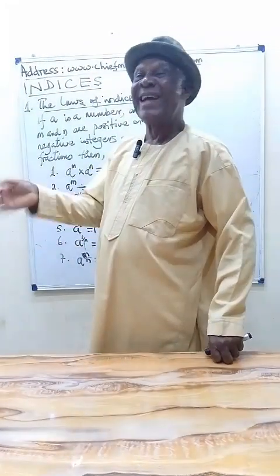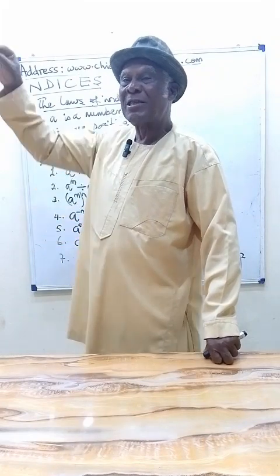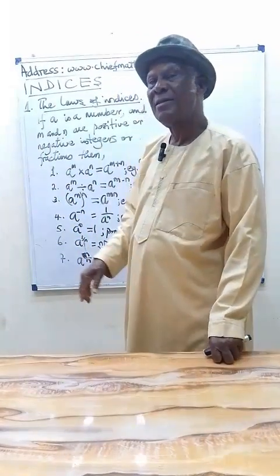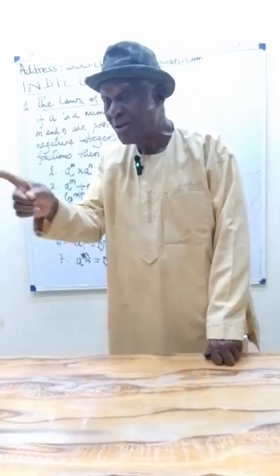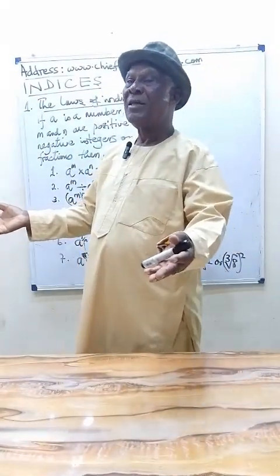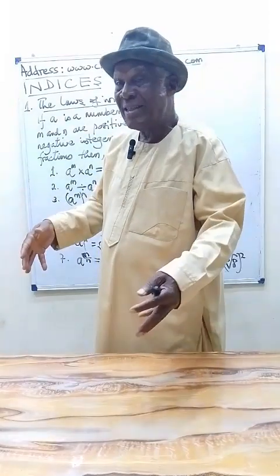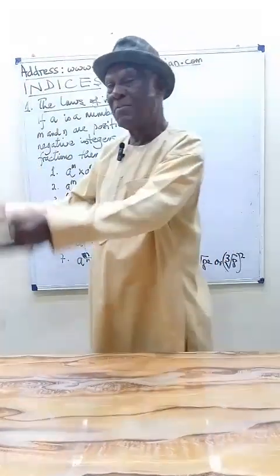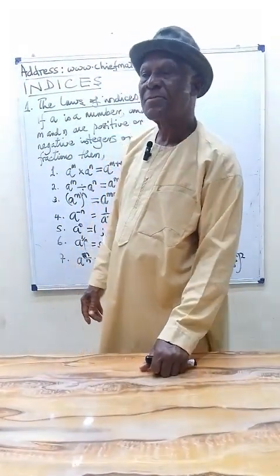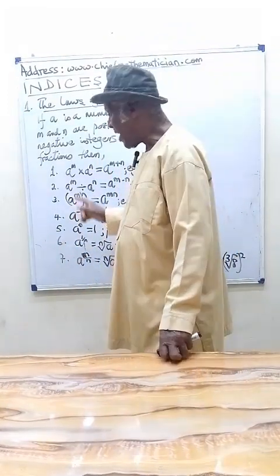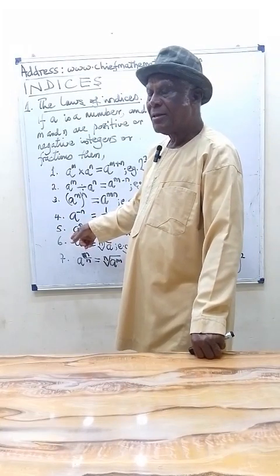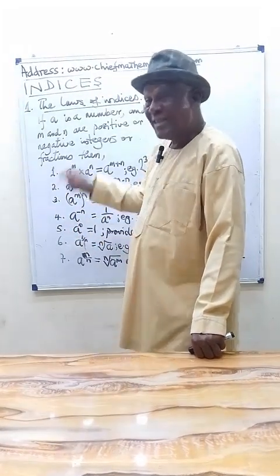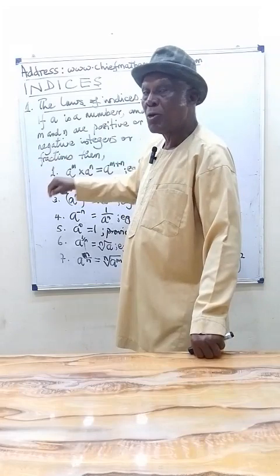If you raise 99 to power 0, it is equal to 1. Any number except 0, the reason is obvious. There's no way you can raise nothing to power nothing and get something. Are you God? So take note of that law. A number which is not 0 raised to power 0 is equal to 1.